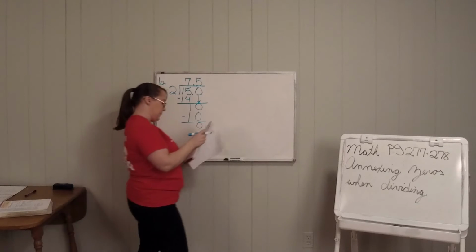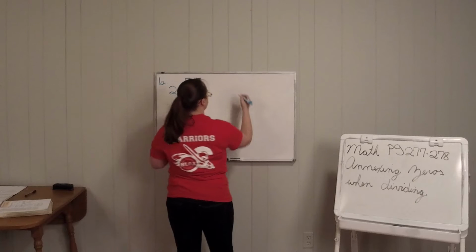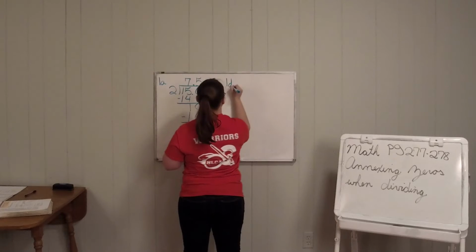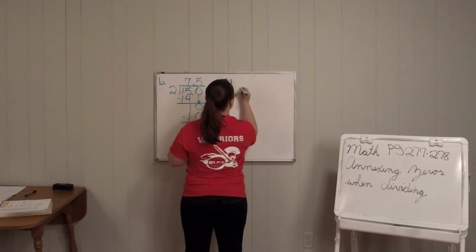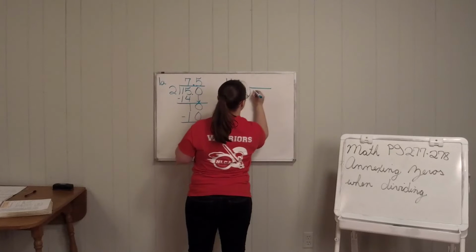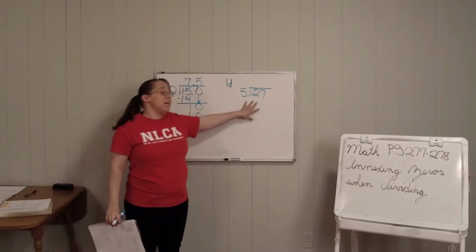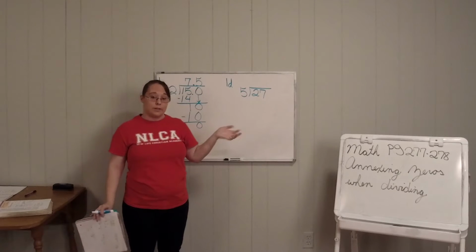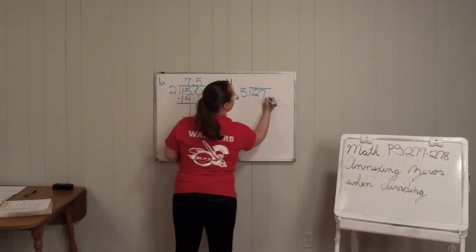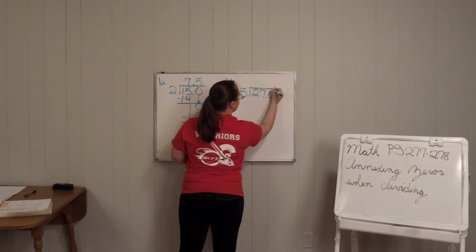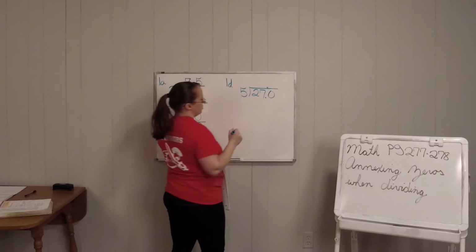Okay, look at 1D. Looking into that, you know it's not going to go equally. So add your decimal, add your 0, add your decimal in your answer.